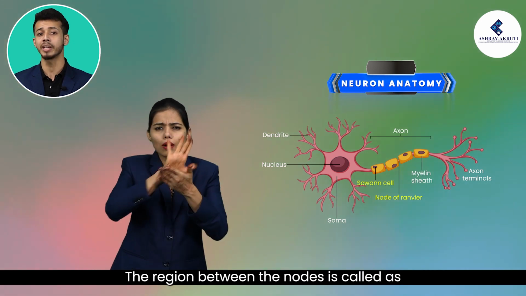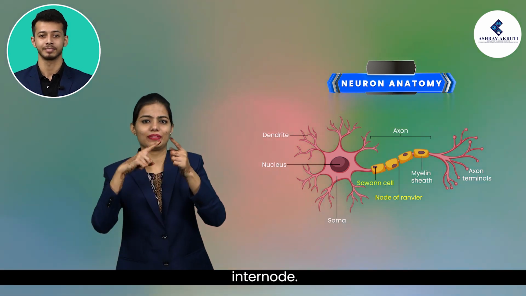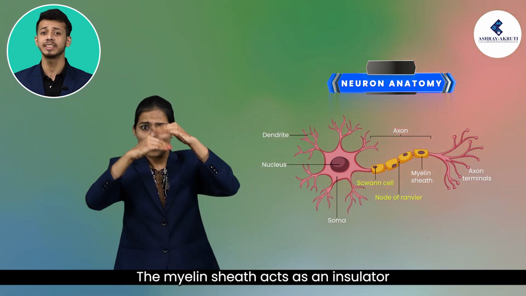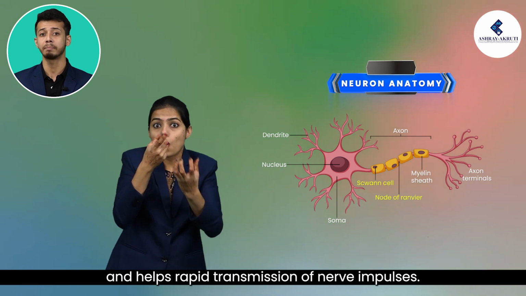The region between the nodes is called the internode. The myelin sheath acts as an insulator and helps rapid transmission of nerve impulses.